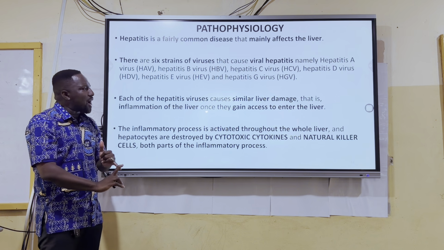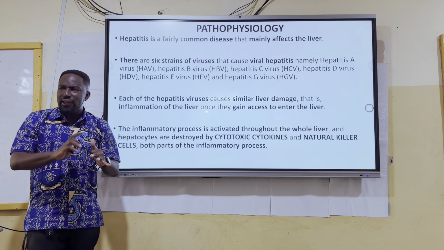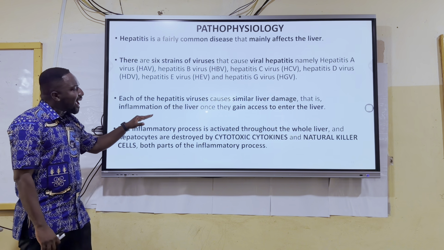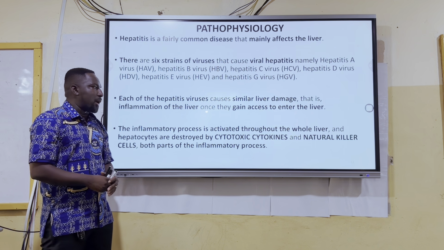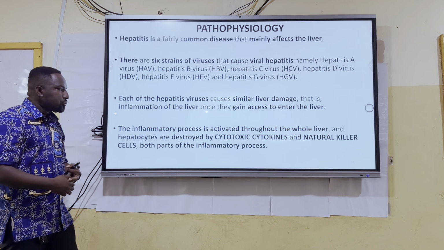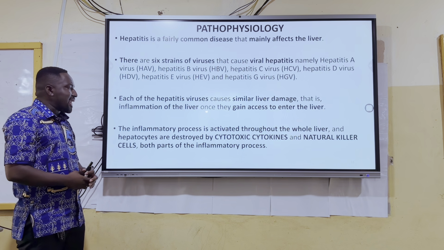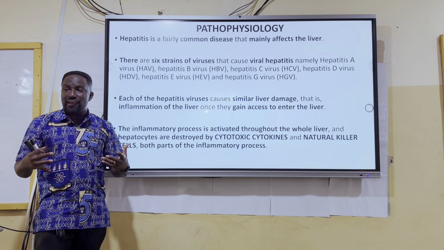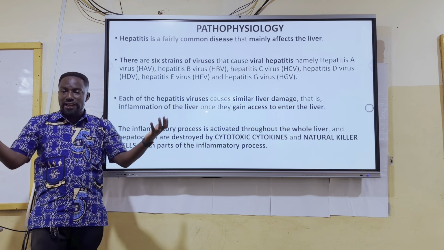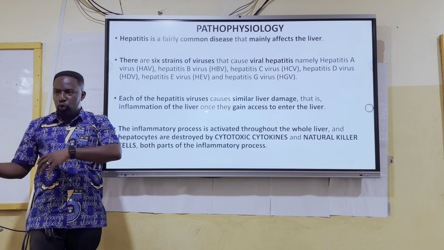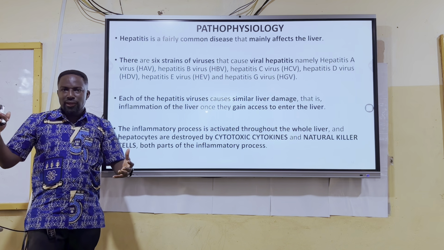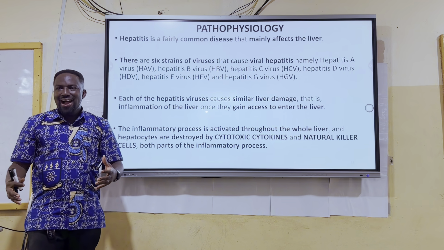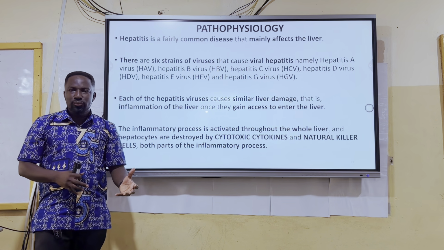So whether viral hepatitis, alcoholic hepatitis, drug-induced hepatitis, they all cause an inflammation of the liver. Now when there is an inflammation of the liver, the inflammatory process occurs in the whole liver. We mentioned the right lobe, the left lobe, the caudate lobe, and the quadrate lobe.